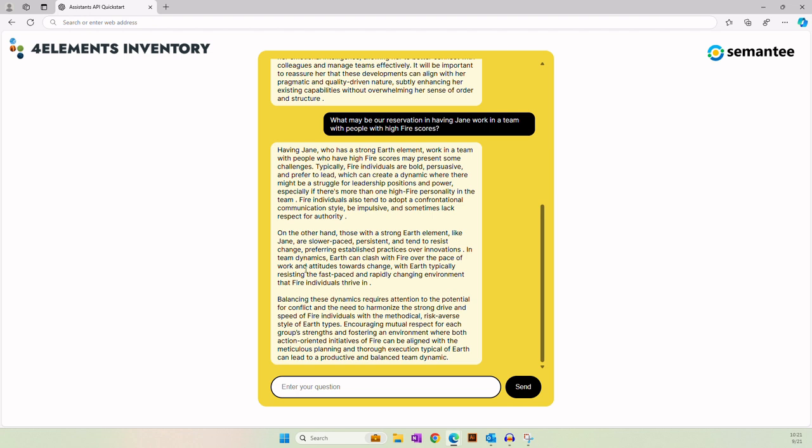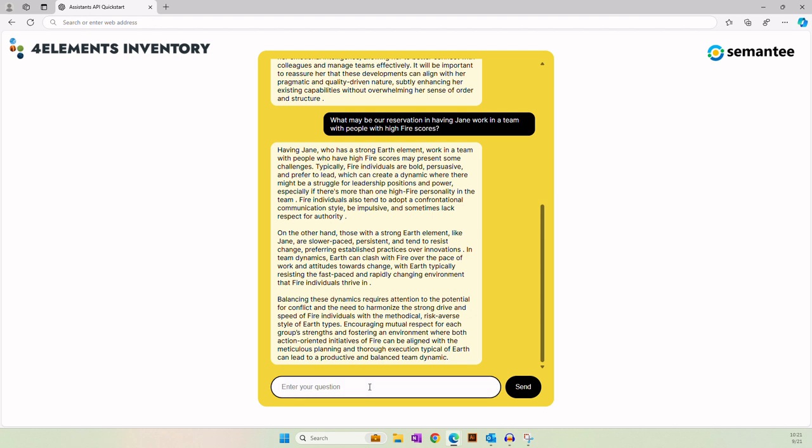So in order to balance these dynamics, it is suggested that we pay attention to the potential conflicts and harmonize the strong drive of those fire individuals with the more risk-averse, more methodological approach of Jane, or generally people with a high earth score. So we get some practical advice here as well.